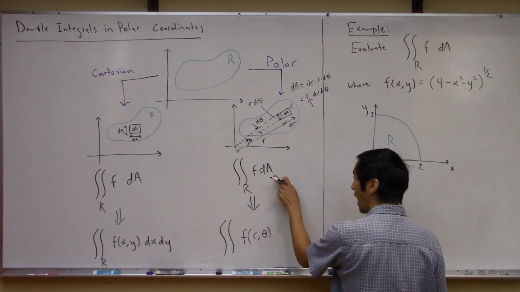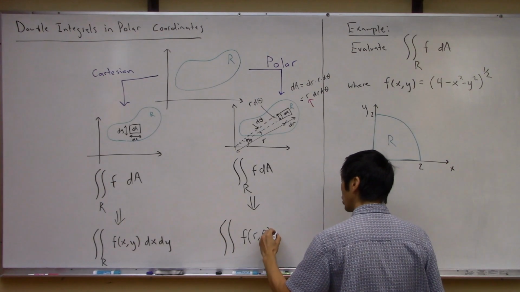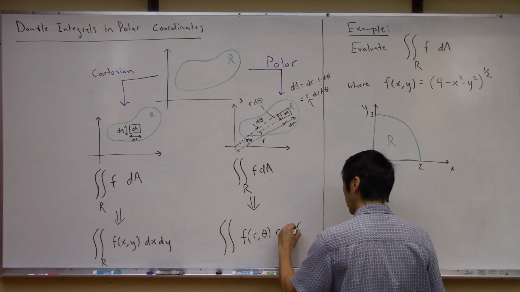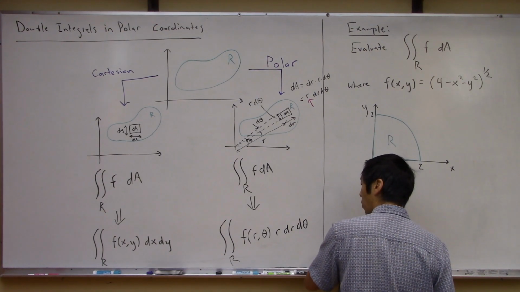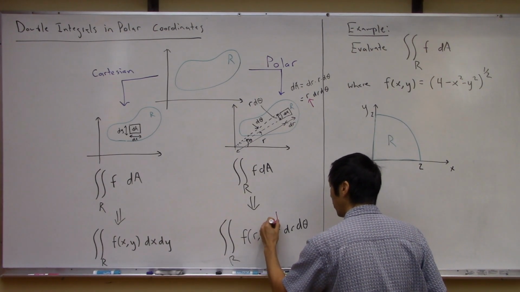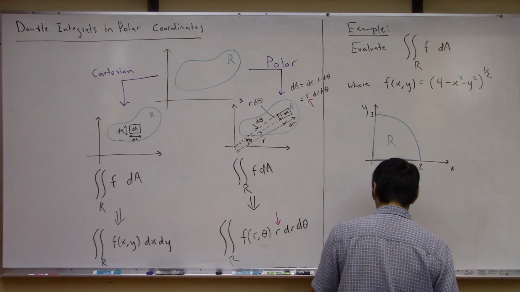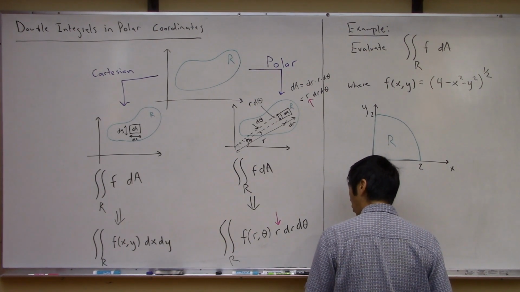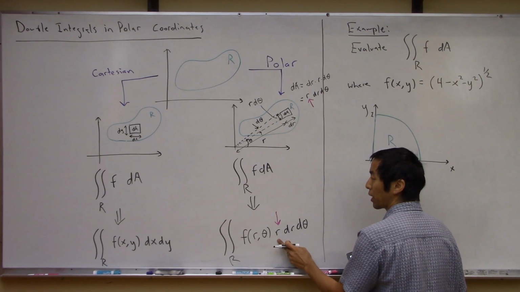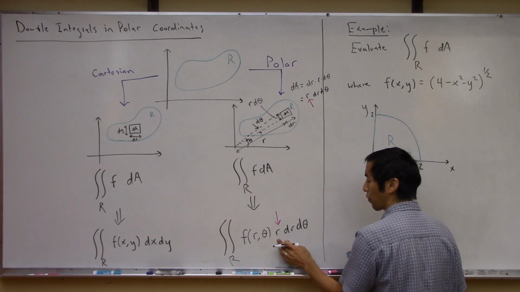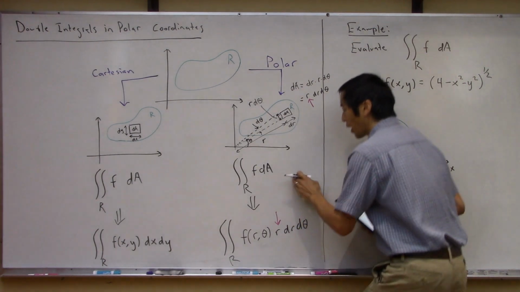But now this dA turns into r times dr d theta. So keep this in mind: when you do this conversion, there is going to be this extra r term that shows up. And I guarantee you this is the number one mistake that people make, is they neglect this extra r term that gets introduced in the conversion. Okay, so that's the general idea.